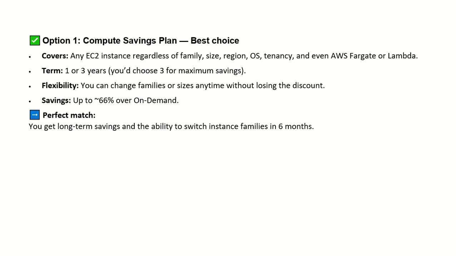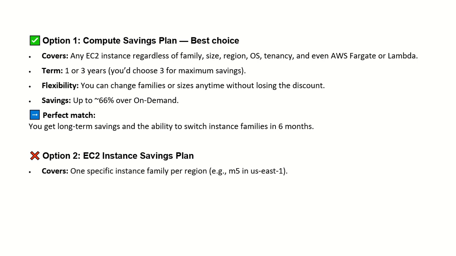Now see why other options are incorrect. Option 2 says EC2 instance savings plan. It covers one specific instance family per region, for instance M5 in US East 1 region.